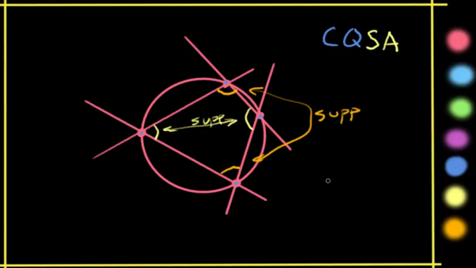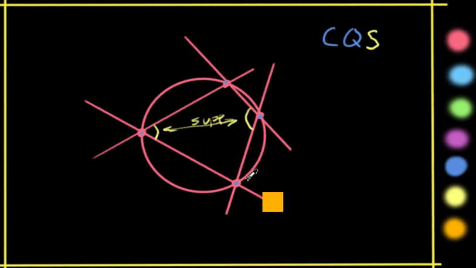And so maybe I shouldn't draw them in the same color if they're supplementary, because they're not equal to each other. But maybe what I'll do instead is I will draw the angle that's supplementary to this one. There's another angle that's supplementary to it right here. And also there's another one right here.